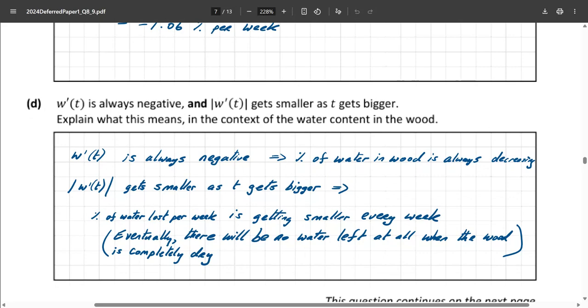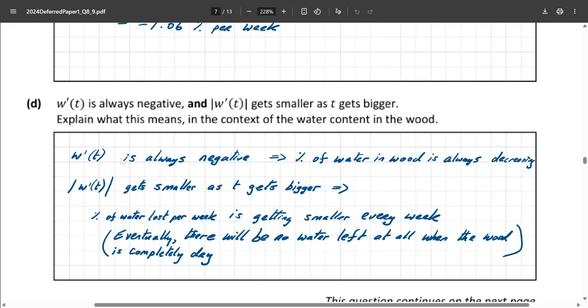And what it's getting at is this: w dash t is always negative, always less than 0. That means what we call a decreasing function. Whenever you differentiate a function and it's less than 0, that's a decreasing function. So that's something we should know.